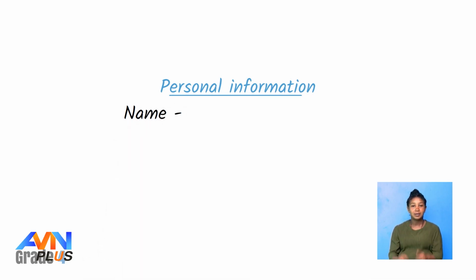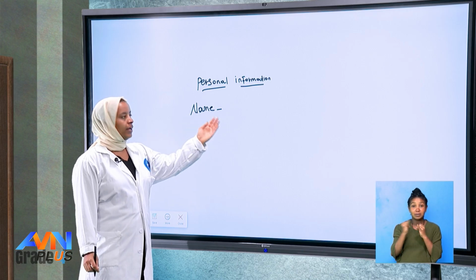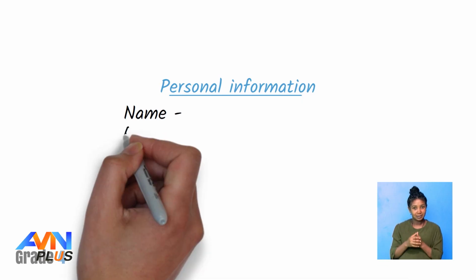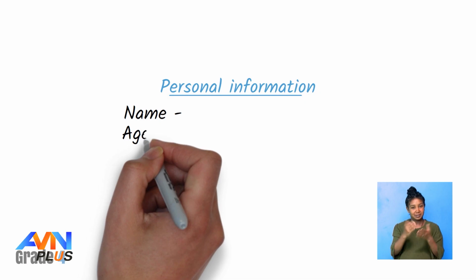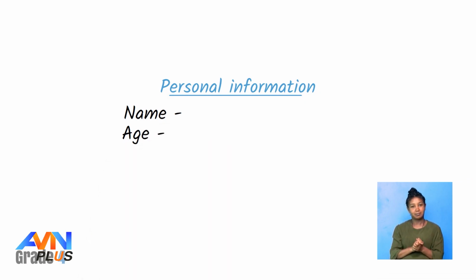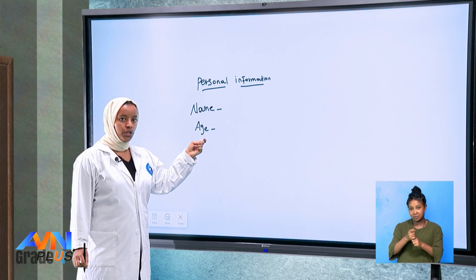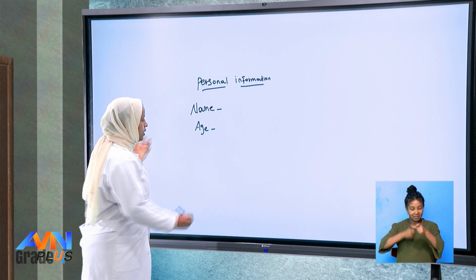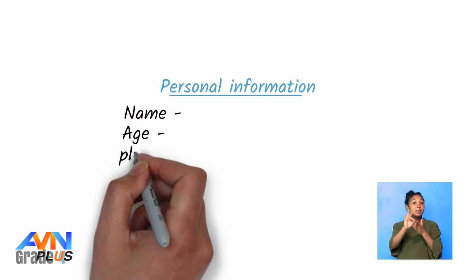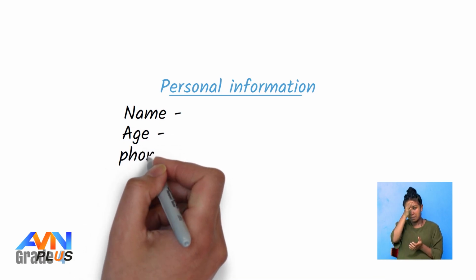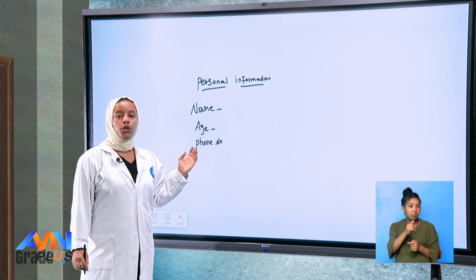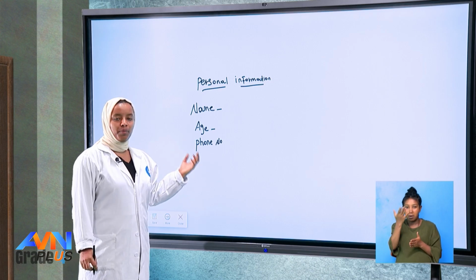The first thing is your name and your father's name. The next is age. You can answer this question. The next is phone number. When we say phone number, it means your parents' or your guardian's phone number.